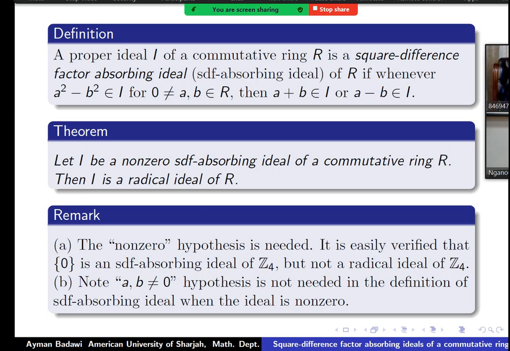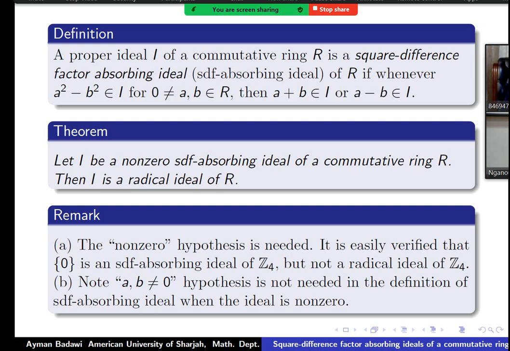And remember, radical ideal means whenever you have x in R and x to some power in I, then x is in the radical. So the radical of I is the set of all elements in the ring R where for each x there exists an n such that x to the n is in I.